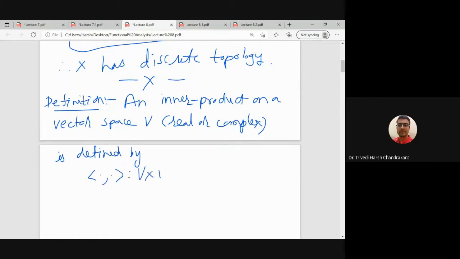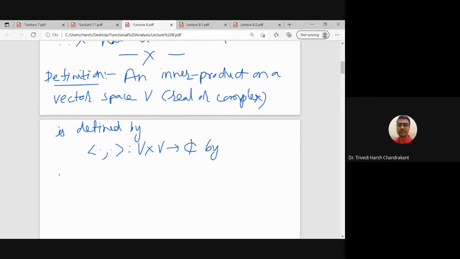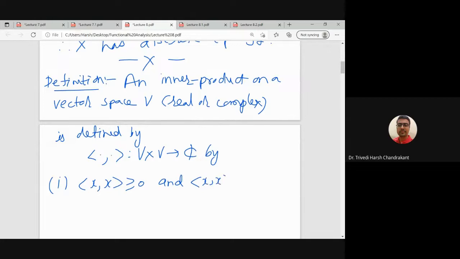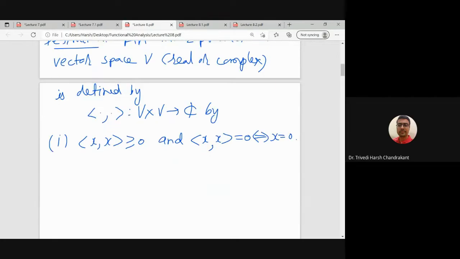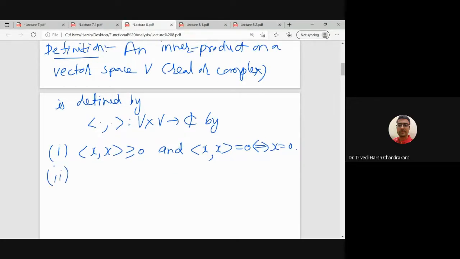V cross V to K, which is defined by the following properties. The first property is that <x, x> is non-negative, right, and <x, x> is 0 if and only if x is the 0 vector. The second property is <x, y> equals the conjugate of <y, x>.